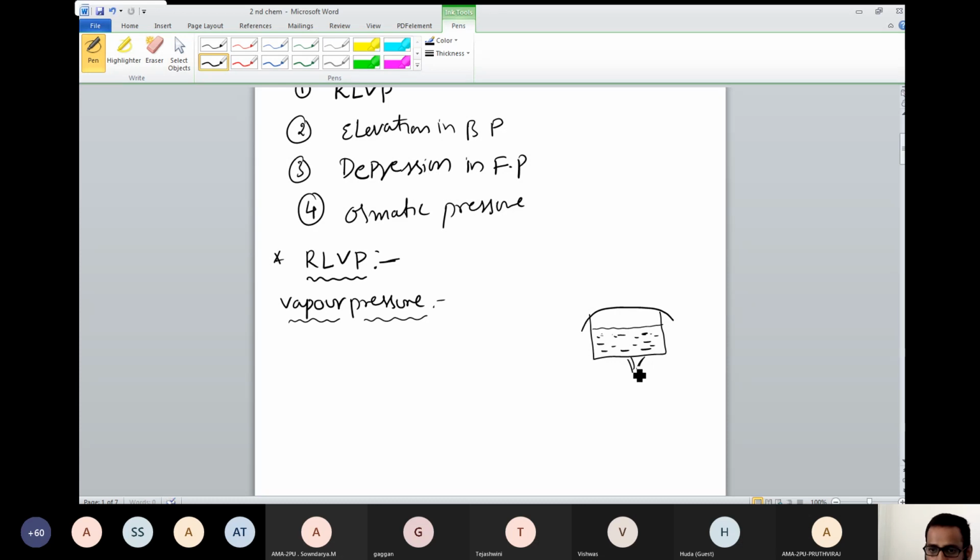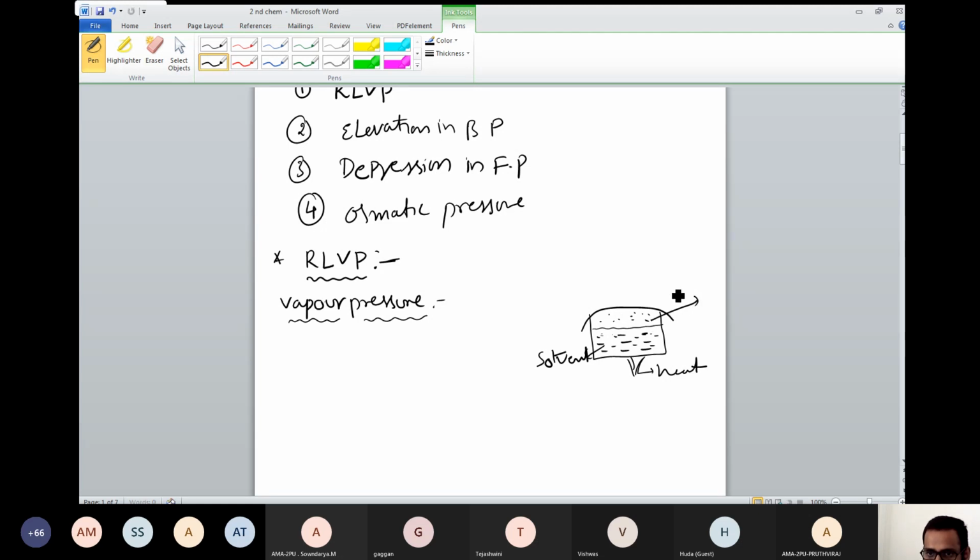When I am heating, what happens? This liquid, suppose, is a solvent, not a solution. When you are heating, the solvent converts to vapors.